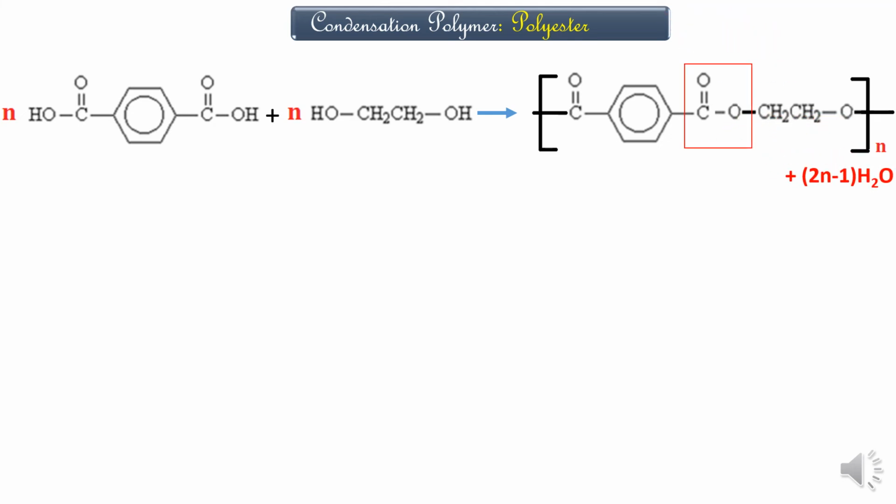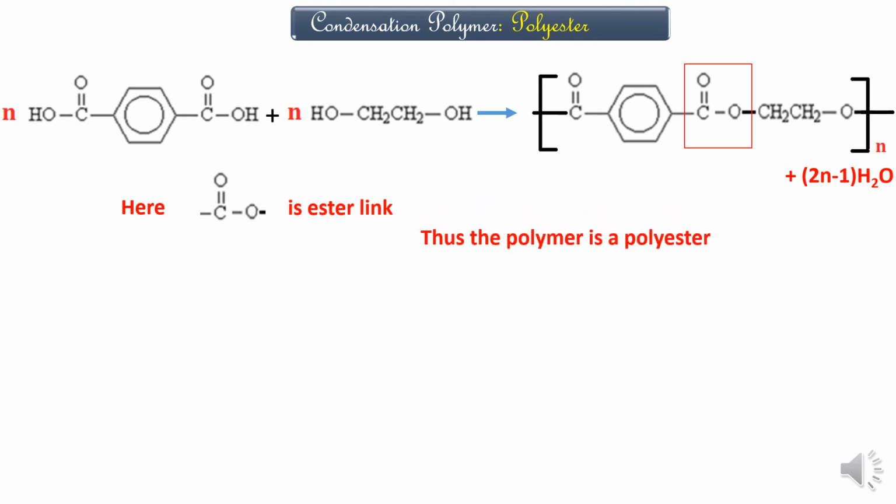Water forms as a byproduct. The middle portion of the polymer is a COO. This is an ester functional group. It's called here an ester link. Thus, the polymer is a polyester because it contains an ester link.